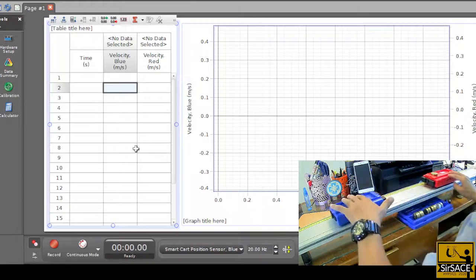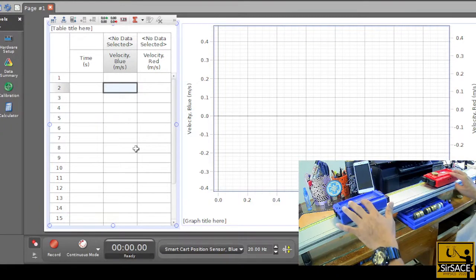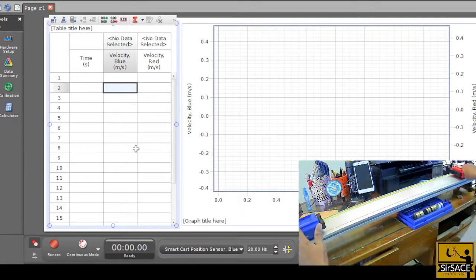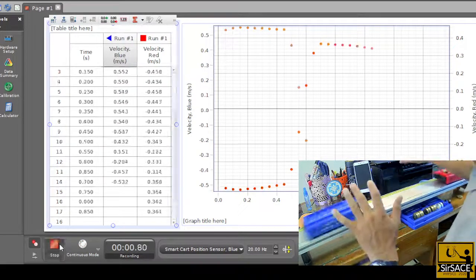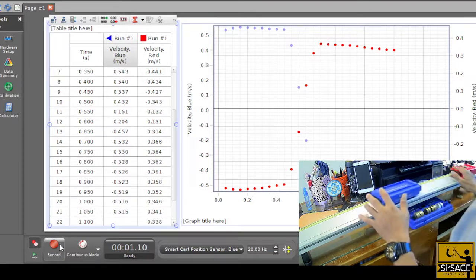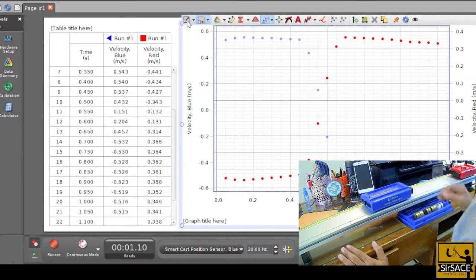While the blue is 0.24 kilograms, so we will maintain the mass of the blue cart. Okay, then start recording. Click the record button, then release, then stop. Okay, so this is our data.